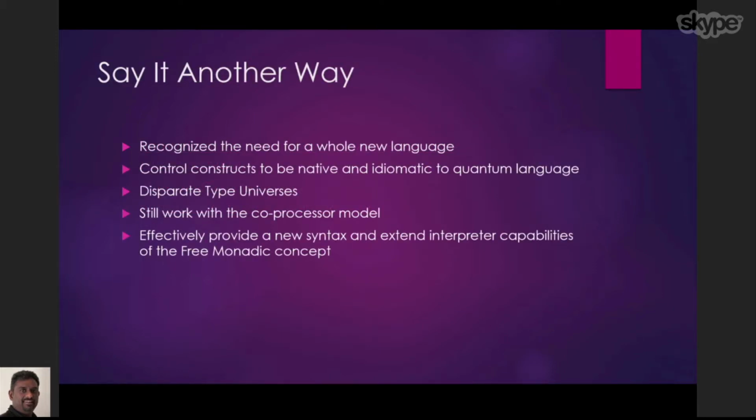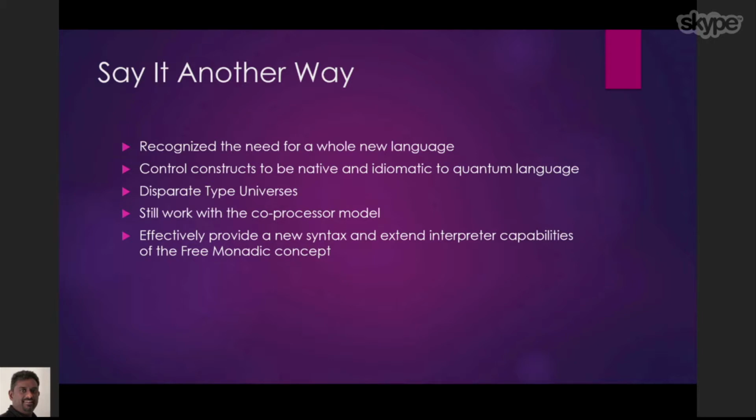So what we did at that point was we sat back and said, look, this monadic context is very important. What we need, though, is not just the monadic context, but the ability to look at the monadic context and then reason over it, and also control the constructs in such a way that what belongs to the quantum domain doesn't get conflated with what's not inside the quantum domain.